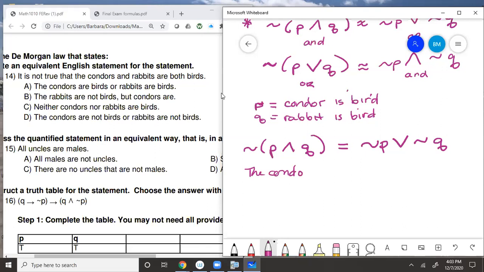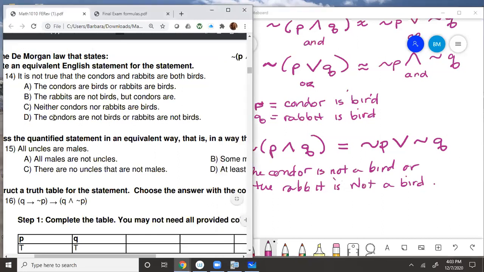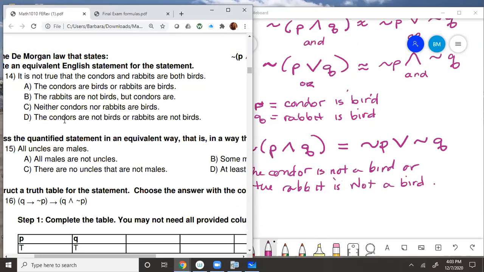The condor is not a bird, or the rabbit is not a bird. Good job. And so if both of them are not, then we can say neither. They said it right here in D. So D is the correct answer there.